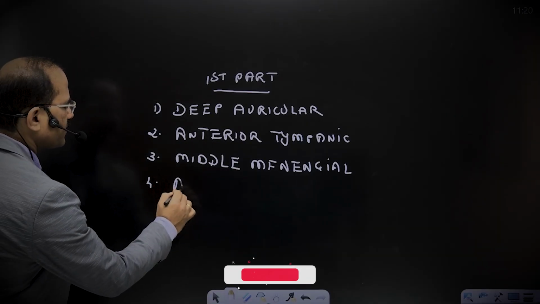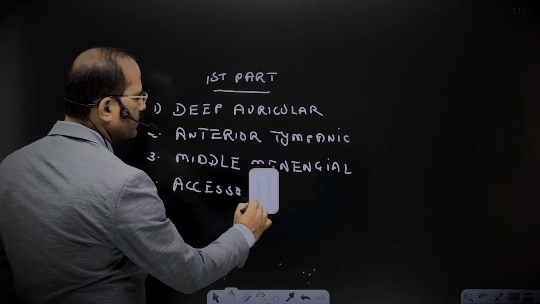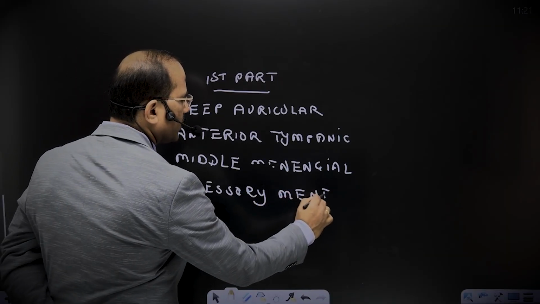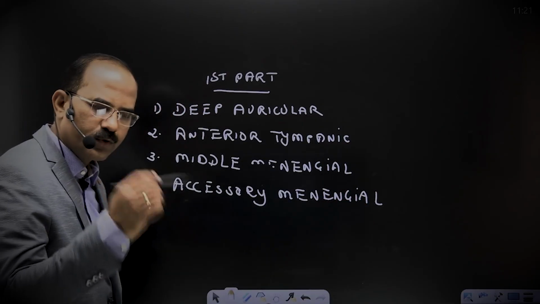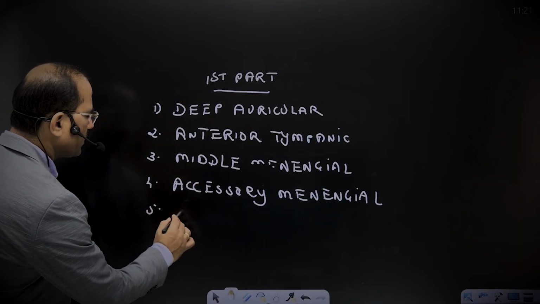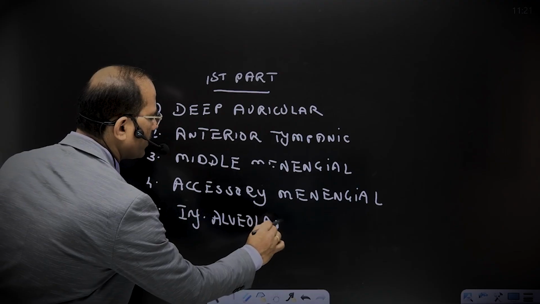Fourth, accessory meningeal. Any idea where this goes through? This enters the skull through the foramen ovale. And the last one is the inferior alveolar artery.